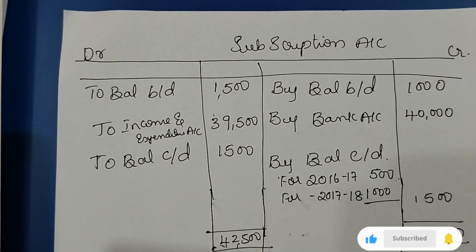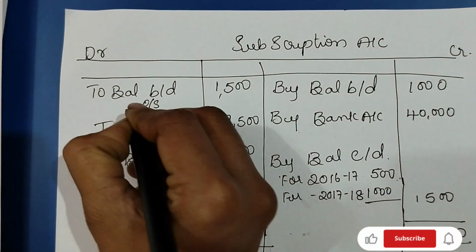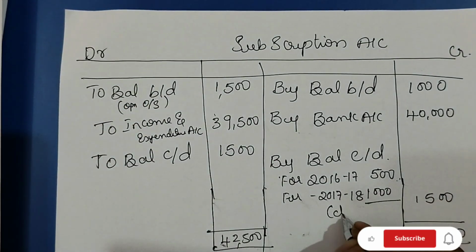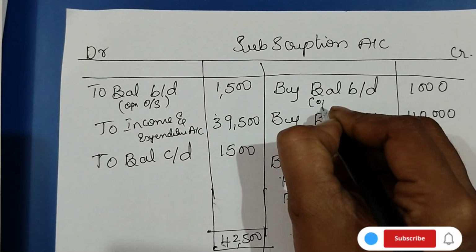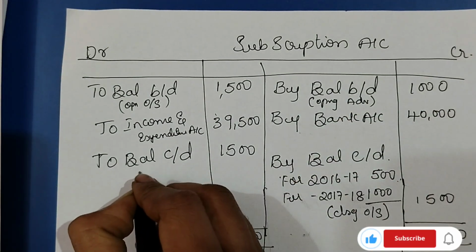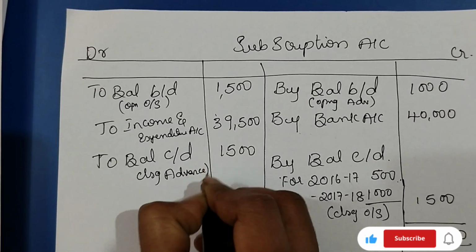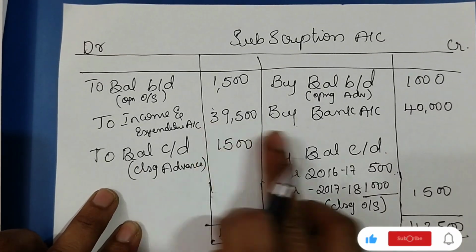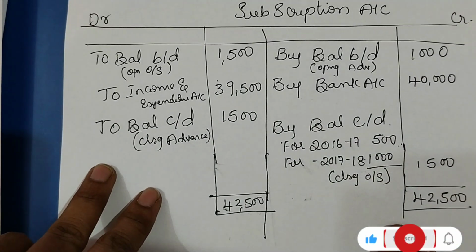Right? Understood? This is opening outstanding, closing outstanding, opening advance, closing advance, and the balancing figure. Whatever we have received, we are recording under the credit side.